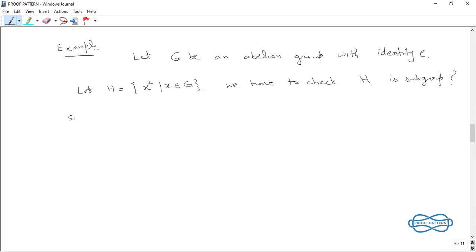Since E square, which is equal to E, belongs to H, the identity must belong to H. This means this H is non-empty.